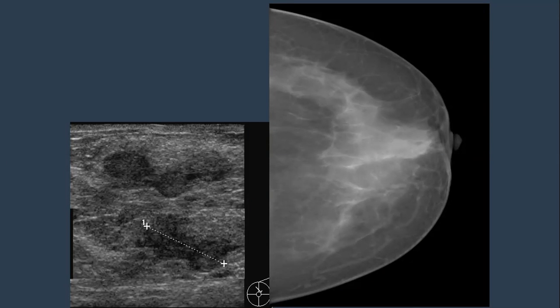Does it look like invasion? Okay, does the papilloma cause architectural distortion? Question in another way. Can papilloma cause architectural distortion? Yes.